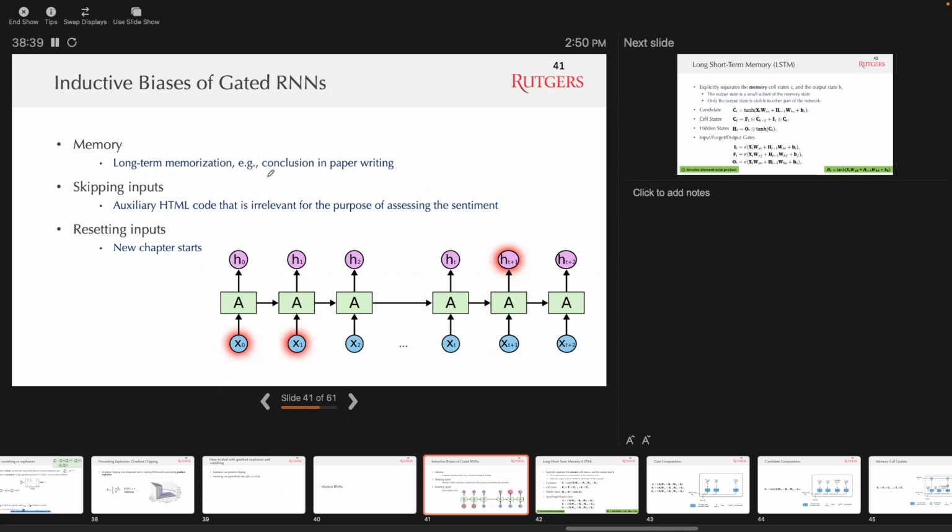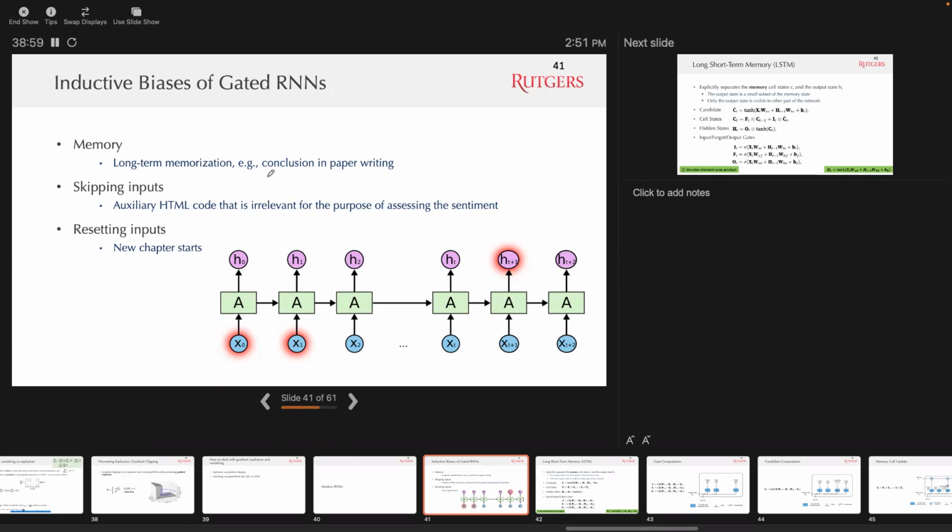For example, if you want to train an agent to generate a conclusion in a paper, and the paper is very, very long, you would need to memorize the content from start to end in order to generate an informative conclusion.